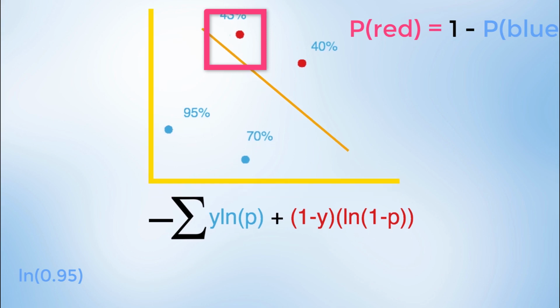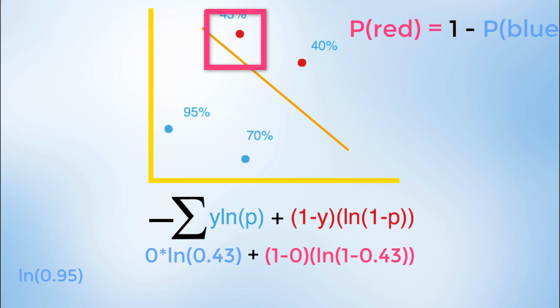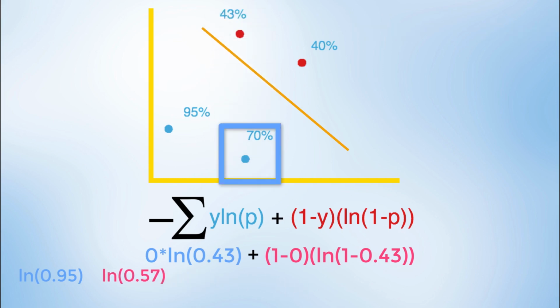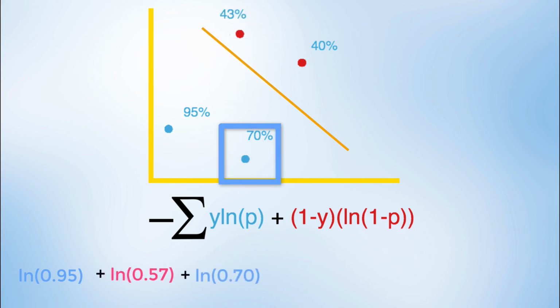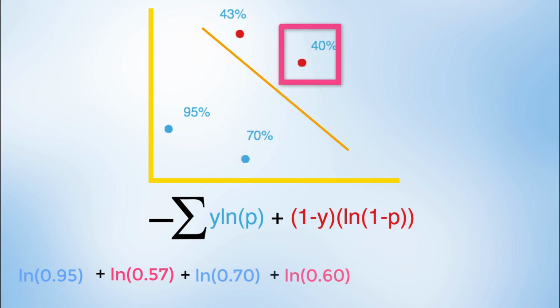And now since the red point would have a label of 0, the first term cancels out, and you're left with 1 times the ln of the probability of it being red. And if we keep doing that for every point, notice we get the same results as before. Except now, this general equation that we derived, we can actually use in our code. That's our official equation for cross-entropy.